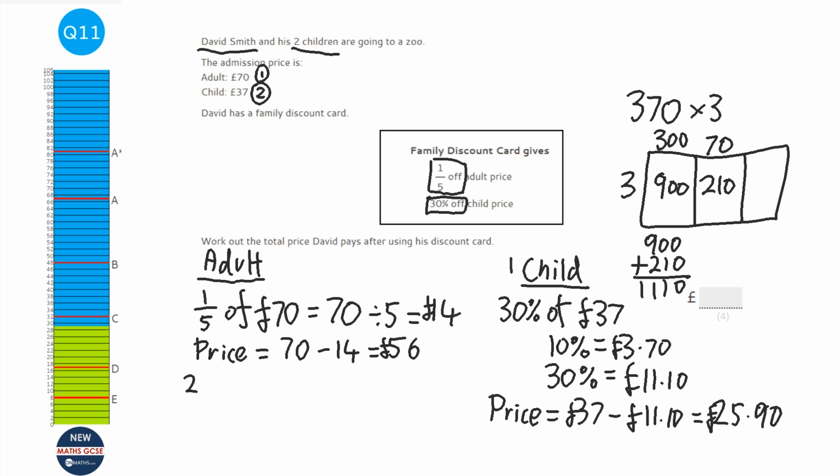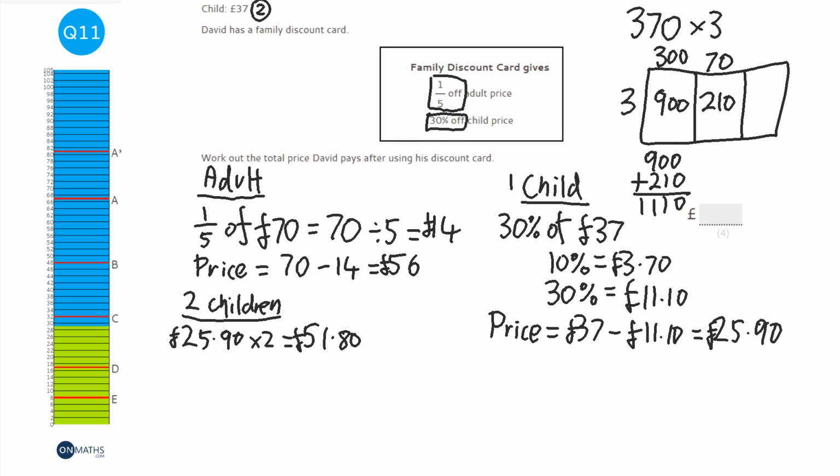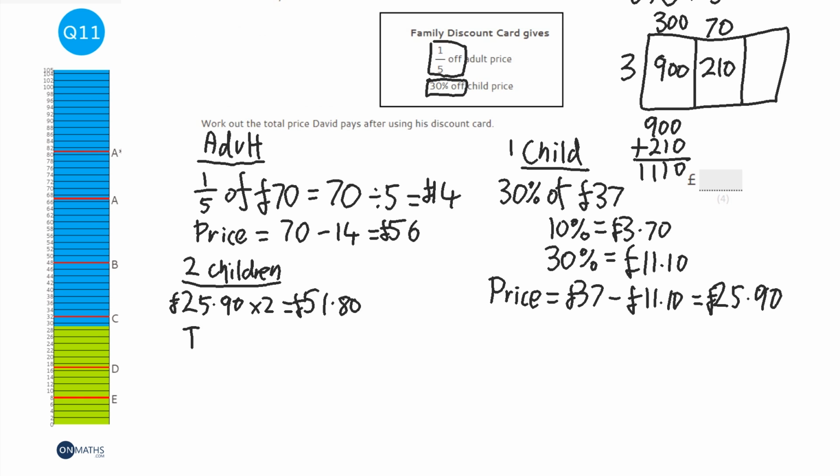So if I want 2 children, I want to do £25.90 times 2. Now I know 25 times 2 is 50, 90 times 2 is £1.80, so that's going to be £51.80. Okay, I'll move down a bit, and let's do the total. So the total is going to be the adult price, which is this one here, plus the 2 children price, which is that one there.